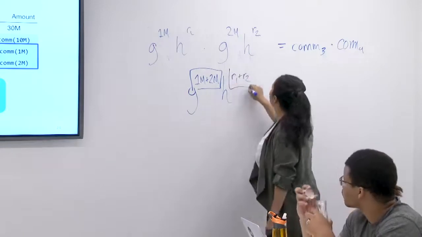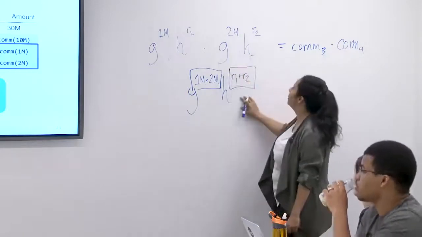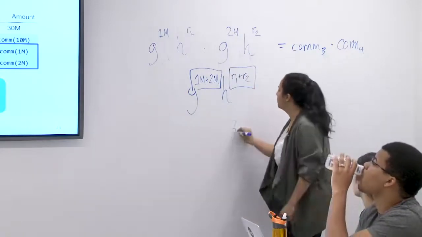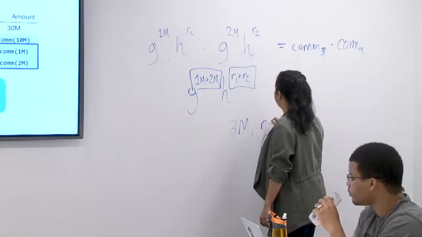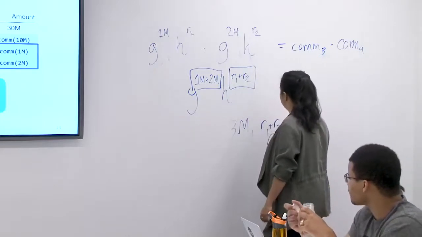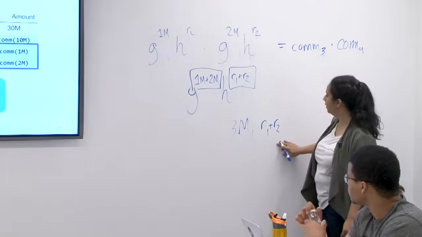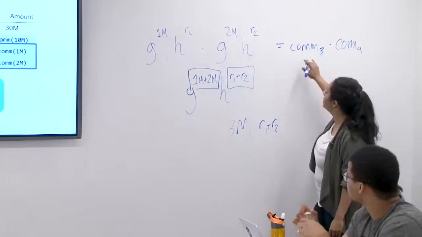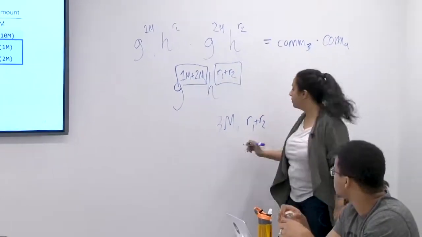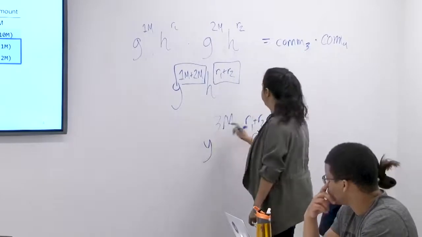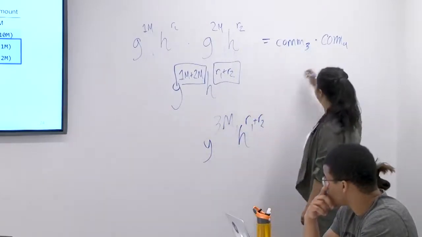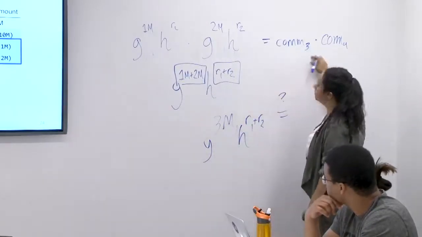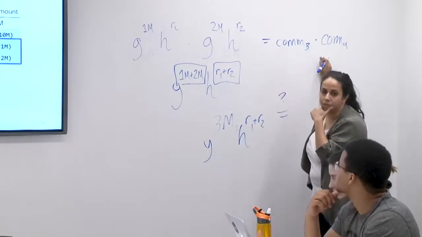If Barclays gives the auditor 3 million and R1 plus R2, the sum, then the auditor can confirm that if they raise G to this and H to this, it's equal to the multiplication of the 2 commitments on the ledger.